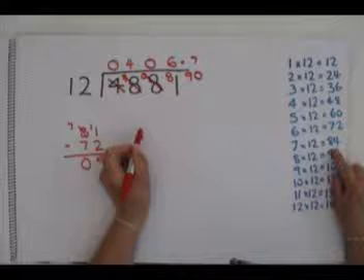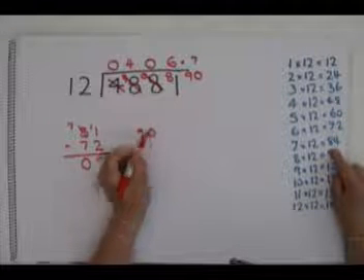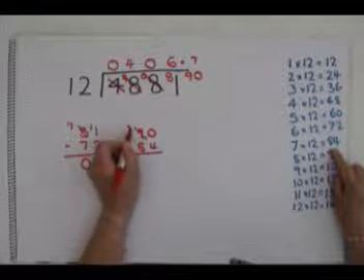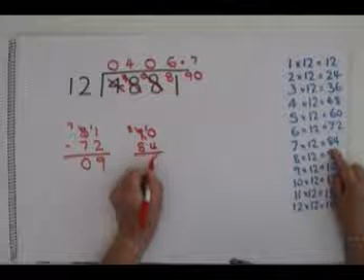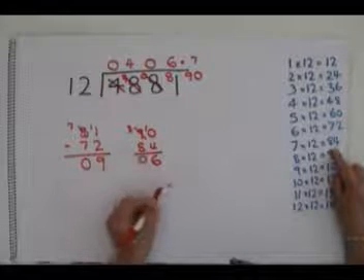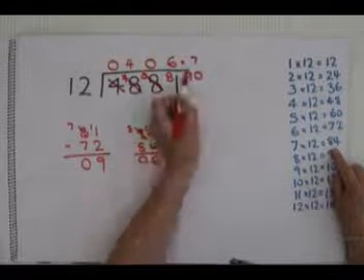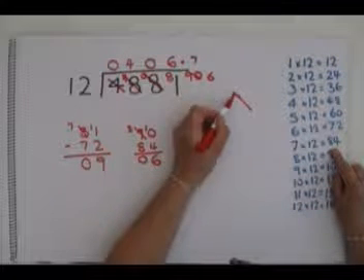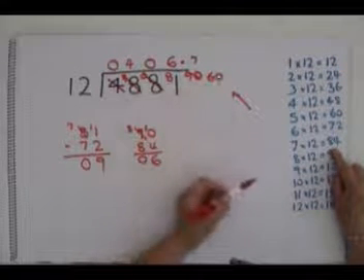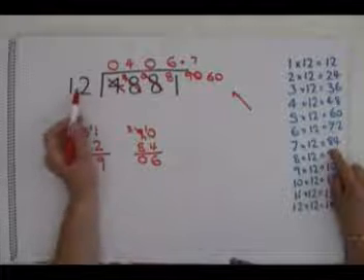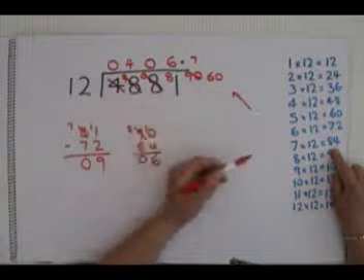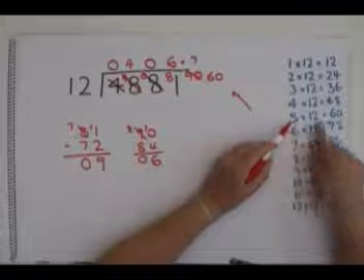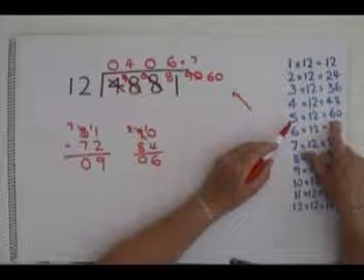We then take 84 away from 90. Gives us a remainder of 6. We can cross out the 90 and bring in our 6. Then we fly in another 0, and we say to ourselves, how many times does 12 fit into 60? Looking at our multiplication table, we see that 5 times 12 is exactly 60.